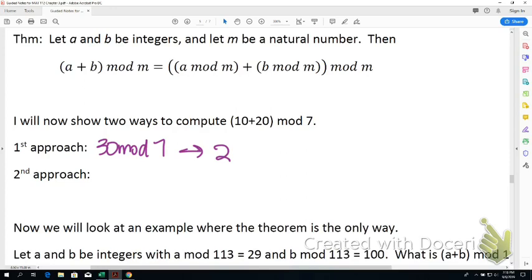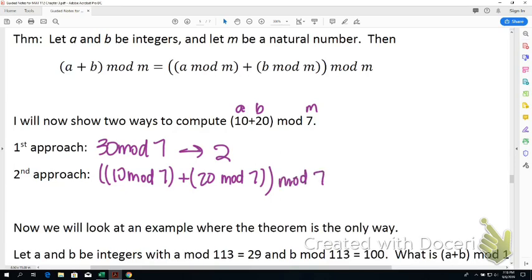Now let's do the other approach. So our a is 10, our b is 20, and our m is 7. So it'd be double parentheses, 10 mod 7, close parentheses, plus 20 mod 7, close parentheses, mod 7.